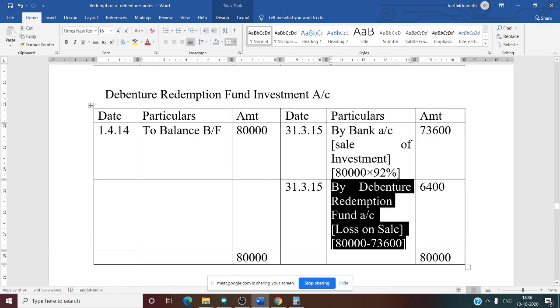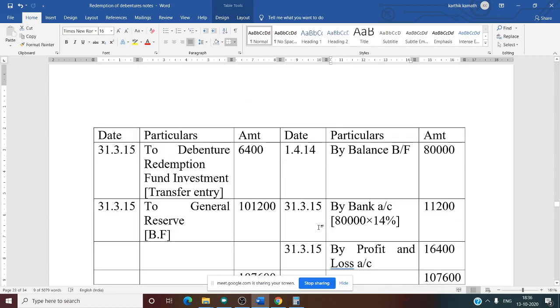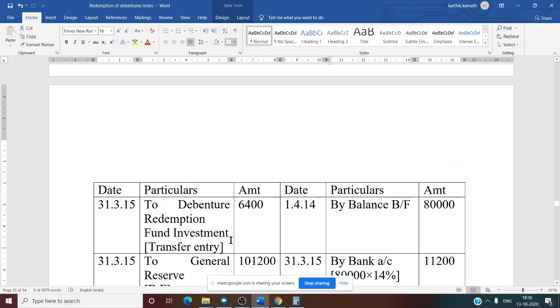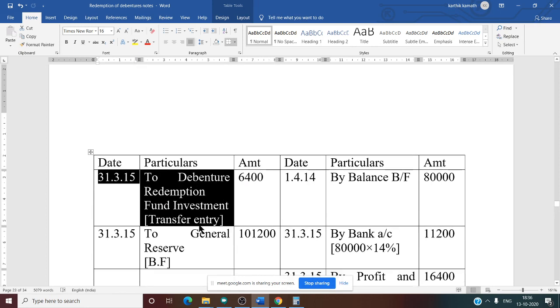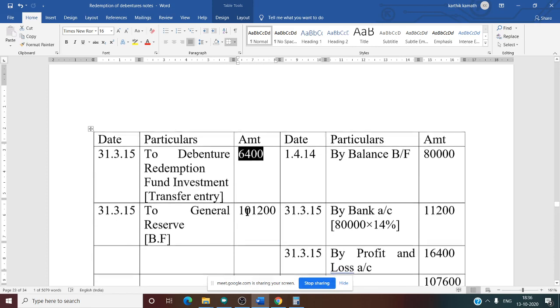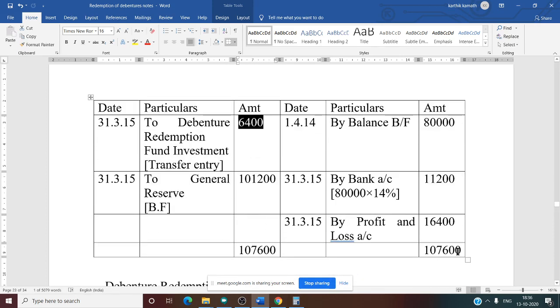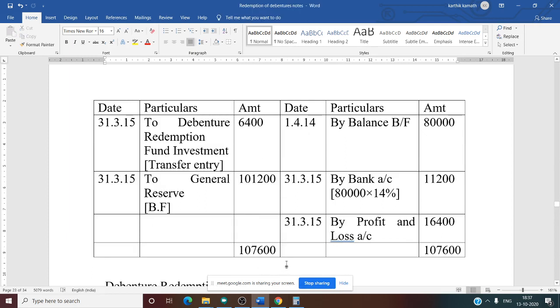That means what? What is the journal entry? Debenture redemption fund account debit to debenture redemption fund investment account. So in the debenture redemption fund account, you are going to write the opposite entry, that is the transfer entry: to debenture redemption fund investment account, loss amount transferred from the third account, 6,400. Now we know the total. Credit side total is more than the debit side. 1,07,600 is the credit side total, so that is the highest total.